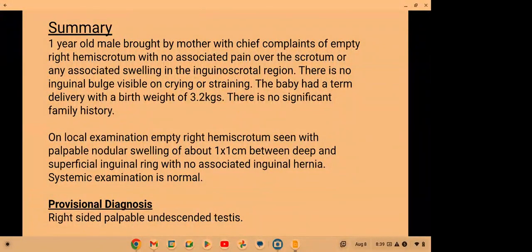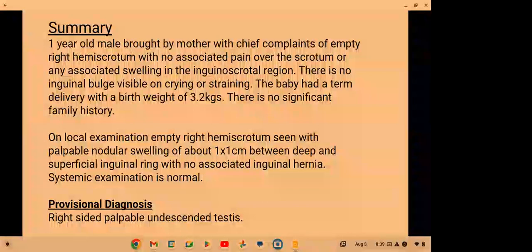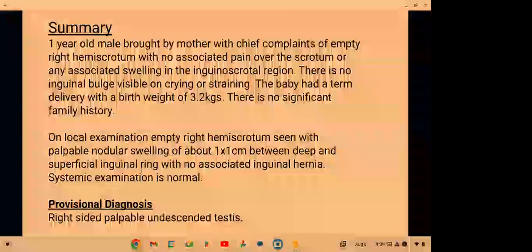If there is any associated inguinal hernia, we have to do the herniotomy at this point. After doing the herniotomy, identify the testis. Which structure do you have to identify first, before embarking on doing anything to the testis?